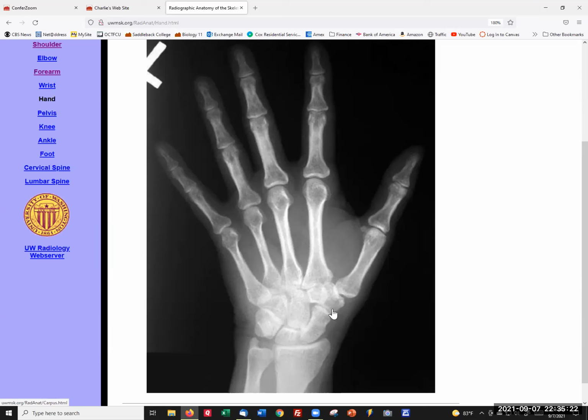Don't worry, I'm going to be straightforward. I'm not going to give you any that take a radiologist to figure out. But what I'm saying is these are no different really than looking at the actual bones, but this is what you'll see in real life.